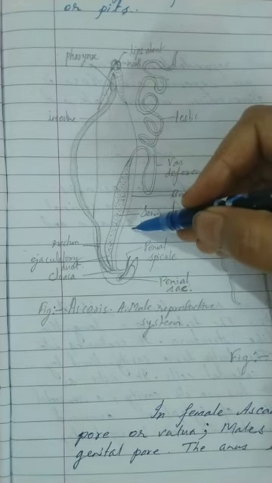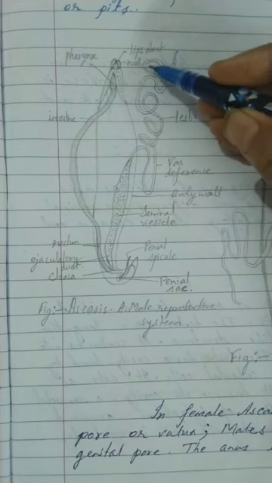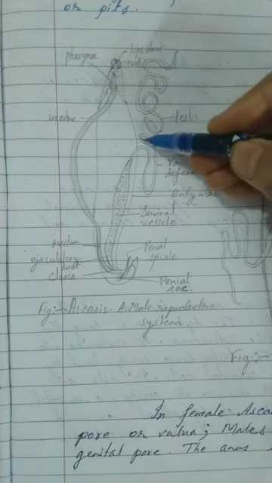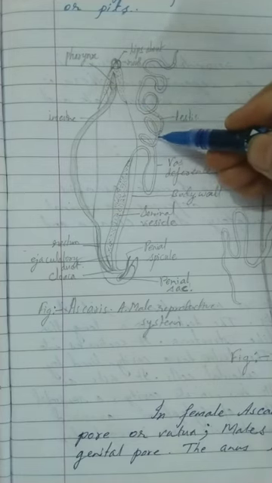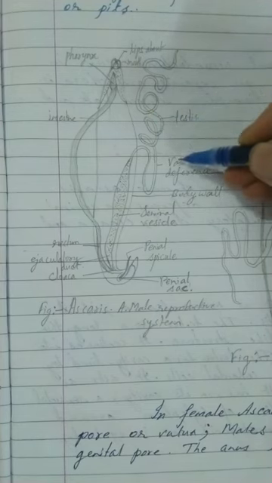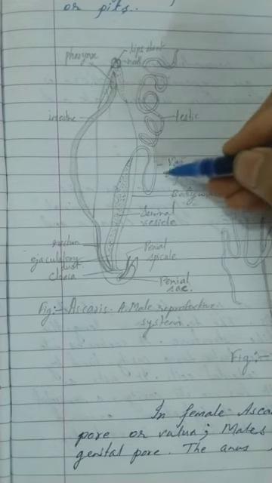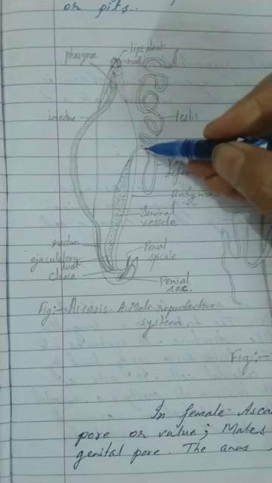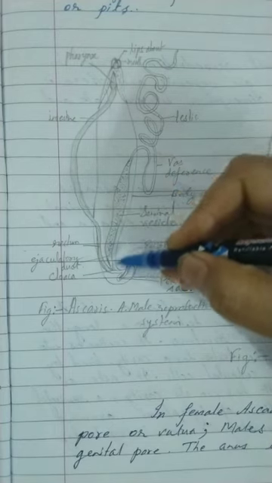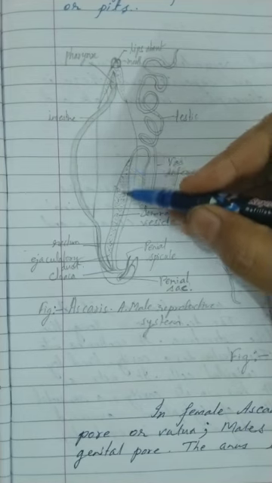This is the diagram of the male reproductive system in Ascaris. See, this is the testis, which has too many convolutions. This is the testis where sperm is formed. This is the portion of the vas deferens. After that, this is the seminal vesicle where semen is collected along with sperms.